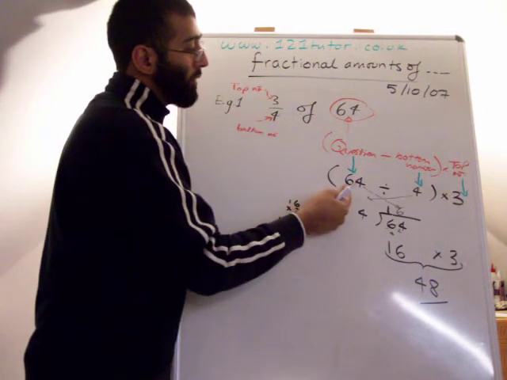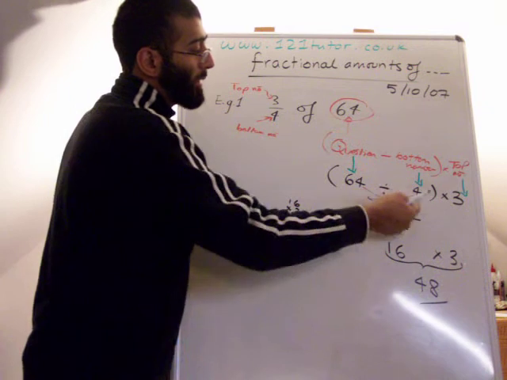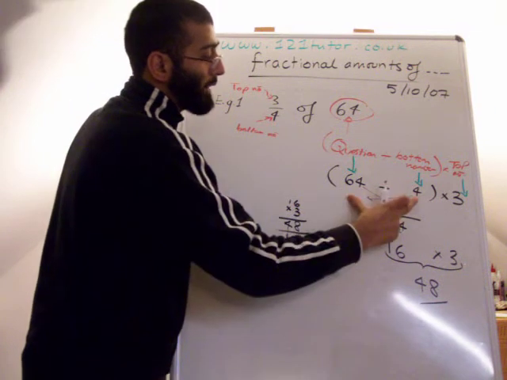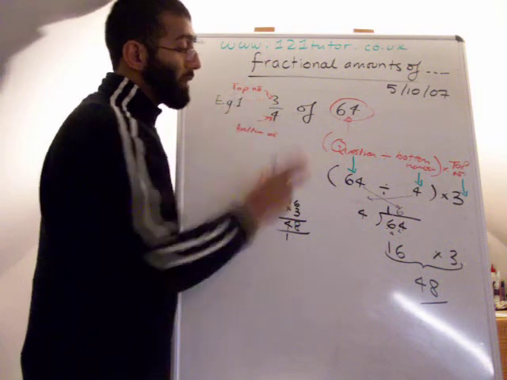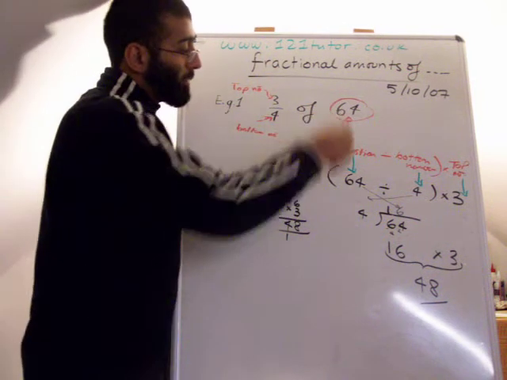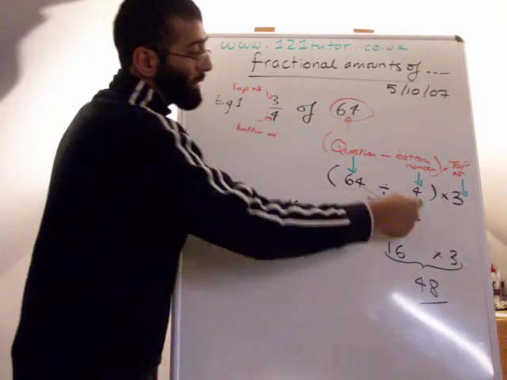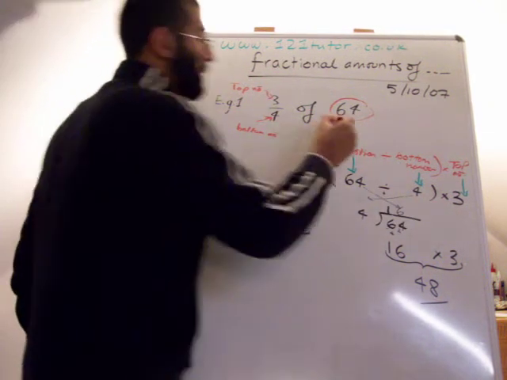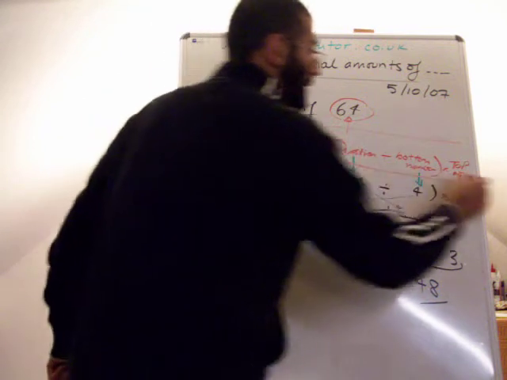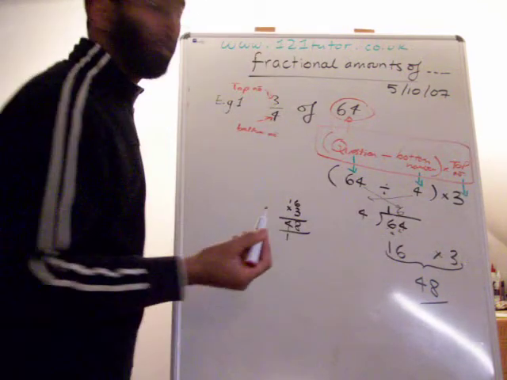So 64, the question, divided by the bottom number, which is 4. And the result of that is multiplied by the top number, which is 3. So literally we are slotting in the numbers. The first number goes here, the bottom number goes there, and the top number goes there. So everything flows into this formula here, or should we say it's like a template.